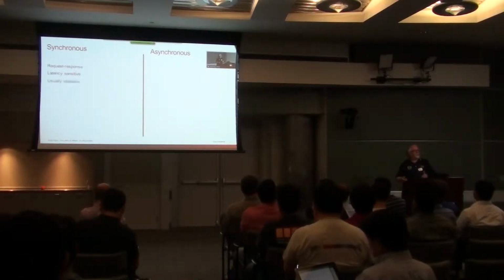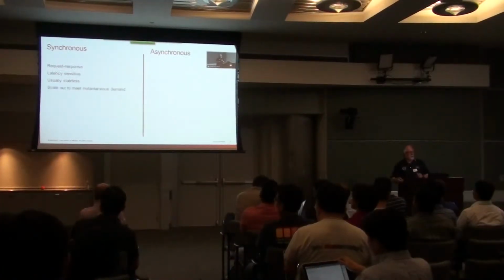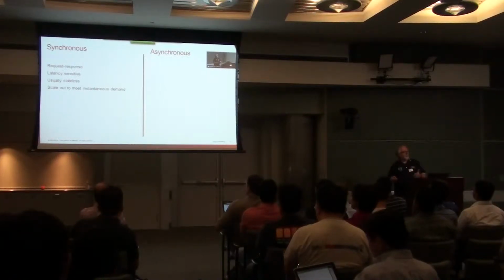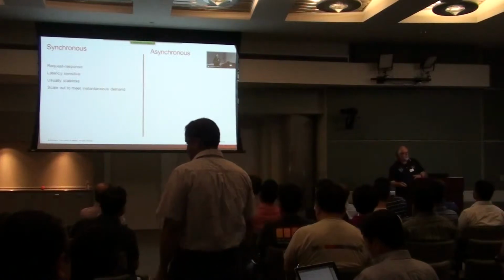You measure the TP99, TP99.9, and you keep these things light and flexible and try and keep them stateless. And since you want to be able to maintain responsiveness under varying demand, you scale out to meet instantaneous demand.